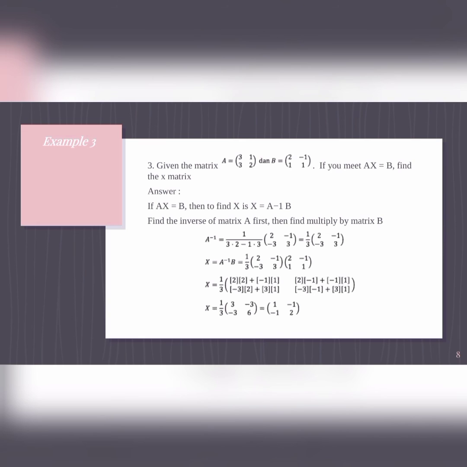So inverse of matrix A is 1 over 3 times 2 minus 1 times 3 times matrix 2 minus 3 minus 1 3, which is 1 over 3 times 2 minus 3 minus 1 3.